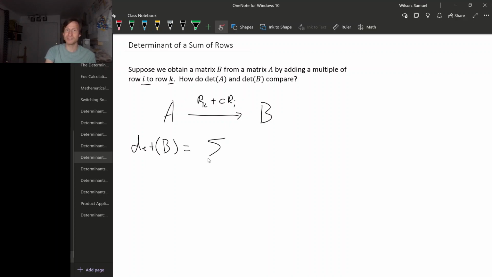So what row should we expand this determinant along? Well, expand along the row where it's different from A. So this is the sum from j equals 1 to n. We're going to expand along row k, so b_kj times the cofactor of B in position kj.